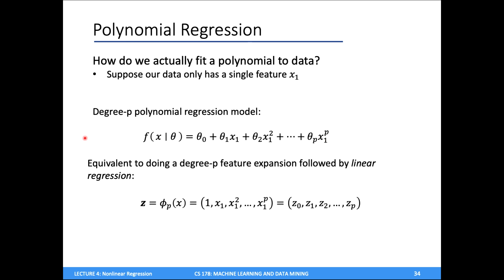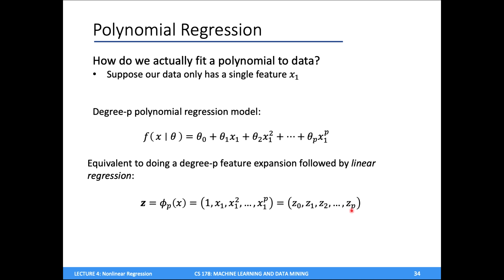Doing a polynomial regression actually is equivalent to doing first a degree p feature expansion, followed by a linear regression on top of that. So what I mean by that is we can first take our feature vector x, apply this feature map, phi sub p, creating new features, z. These are just all the polynomials of our feature.